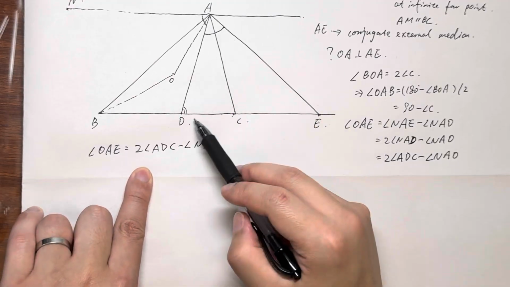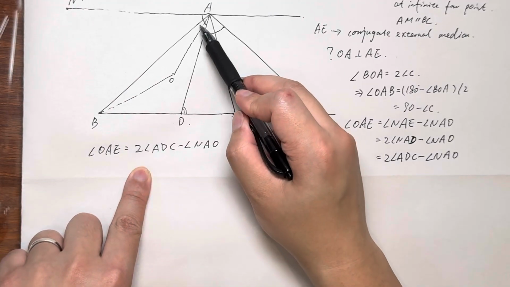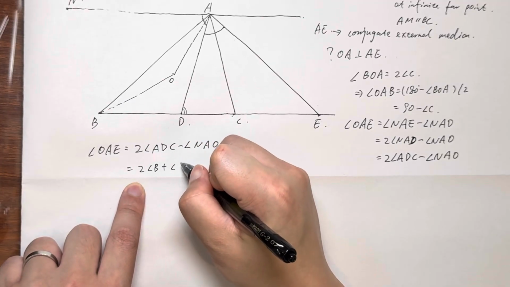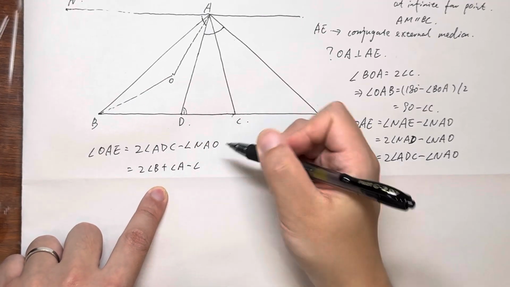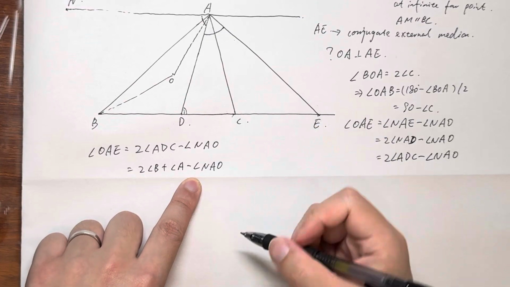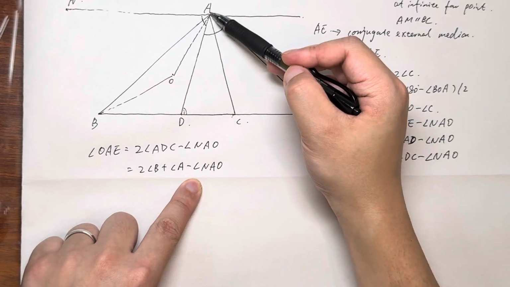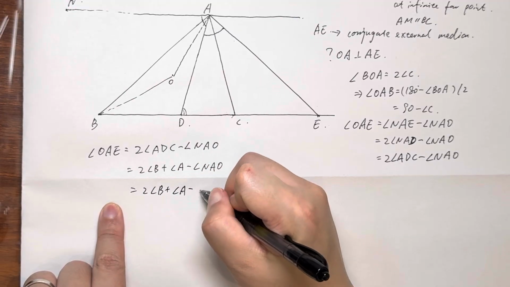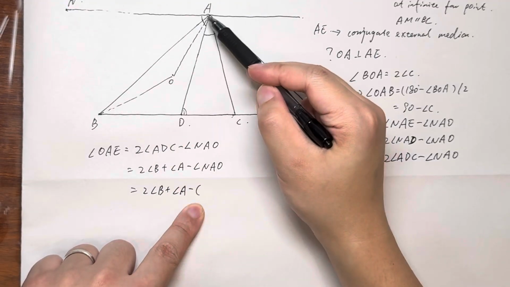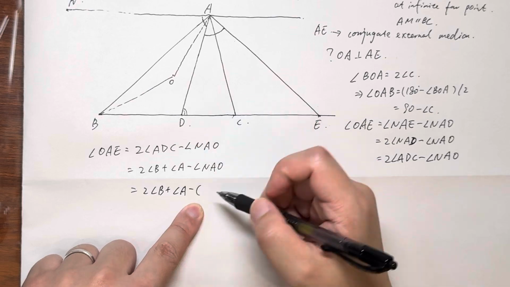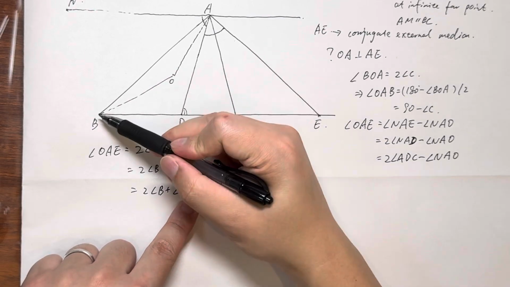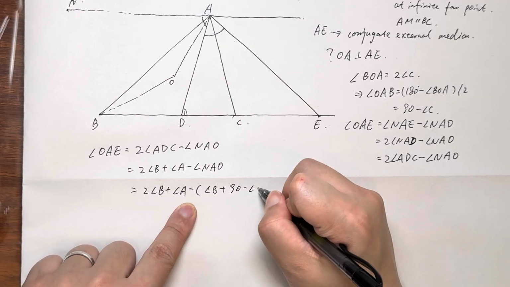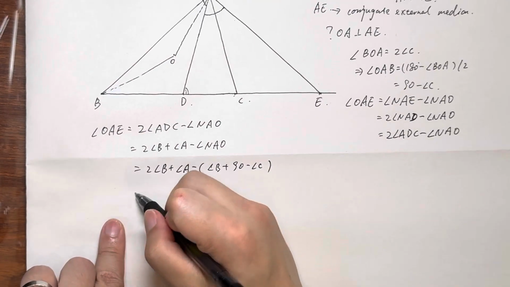And angle ADC equals angle B plus half of angle A. So it equals twice angle B plus angle A minus angle NAO, right? And angle NAO equals angle NAB, which is angle B, plus angle BAO, which is 90 degrees minus angle C. So let's expand this.